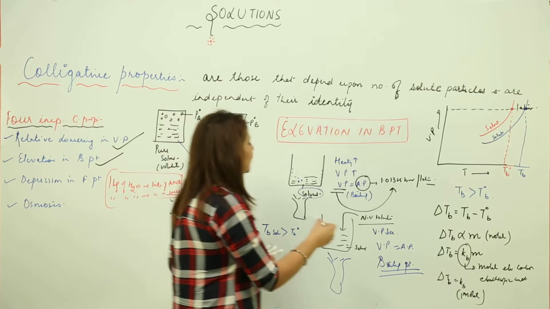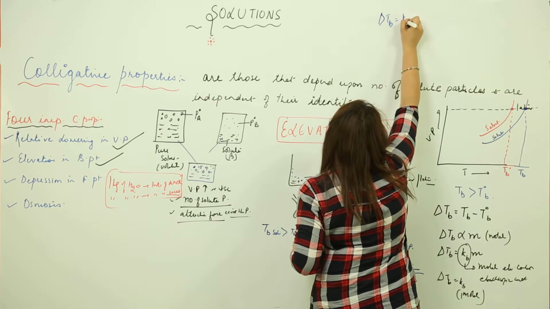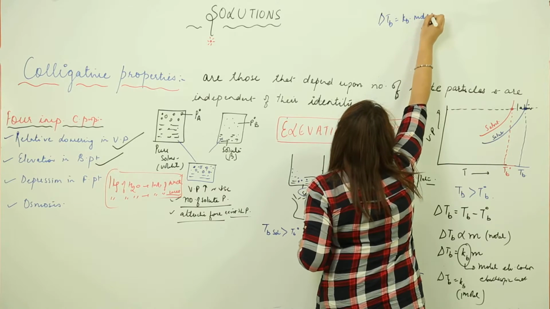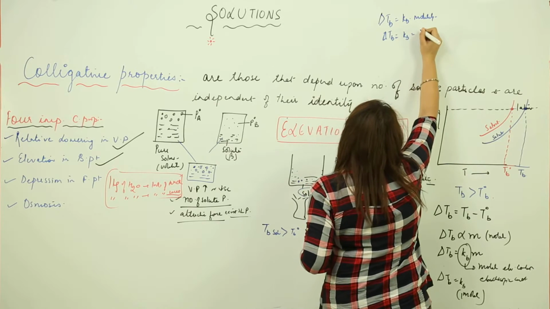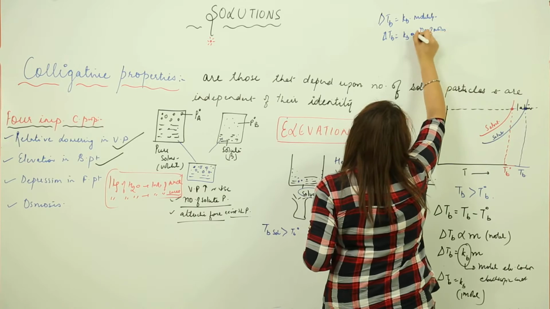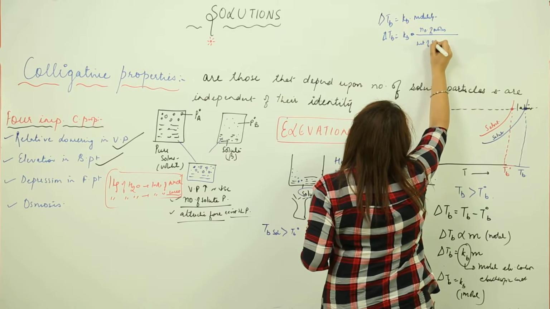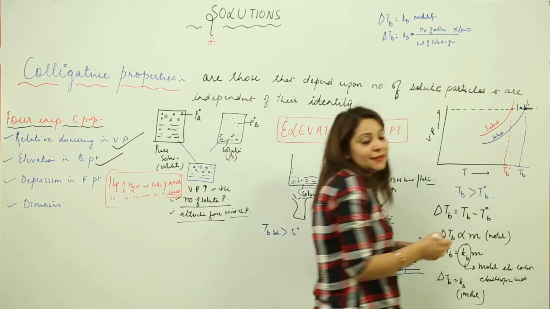So look at the board carefully. How? Delta Tb is equal to Kb into molality. This is what I told you. So I am going to write the expression for molality. What is molality? It is the number of moles of solute divided by the weight of solvent in grams, multiplied by 1000, because molality is per 1 kg.